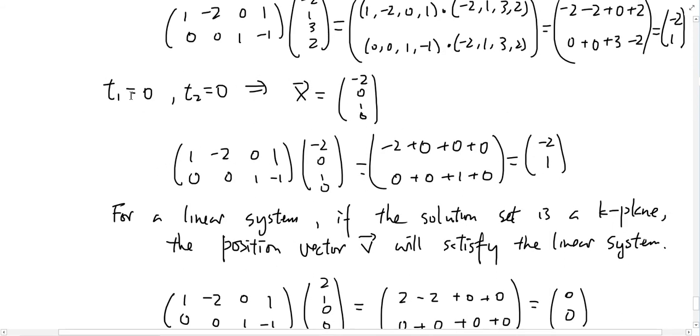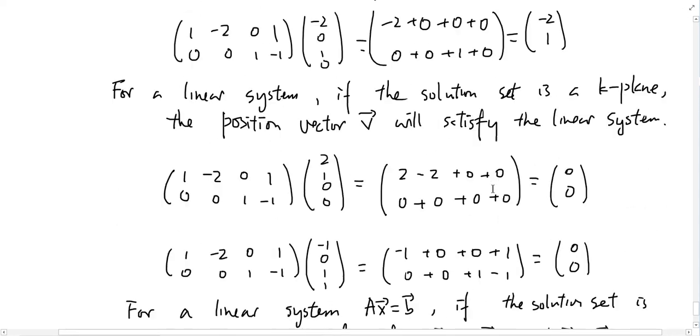If you let t1 equal 0, t2 equal 0, vector x would equal vector v, and when you multiply by the coefficient matrix, you get whatever the equation equals to.